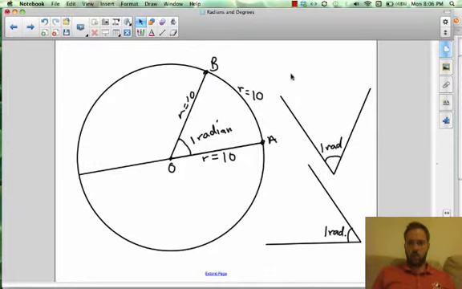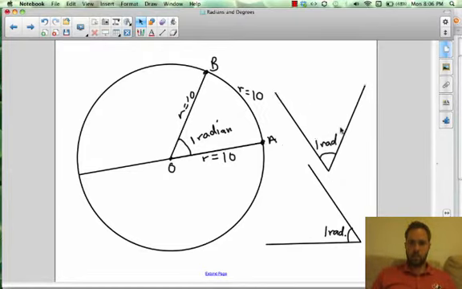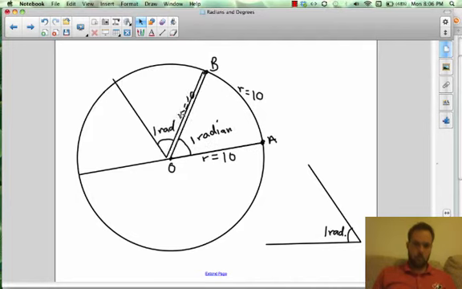You've probably noticed. So now let's take a look at how 1 radian compares to degrees, or how radians in general compare to degrees. So I can take this pre-prepared radian, slide it into place right onto the center of my circle, line it up. So right now we have 2 radians in this circle.